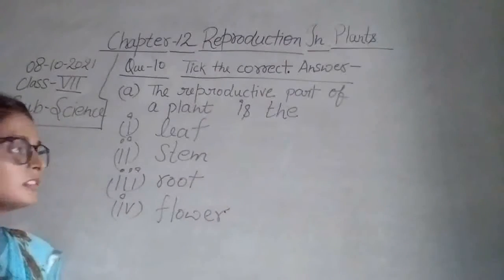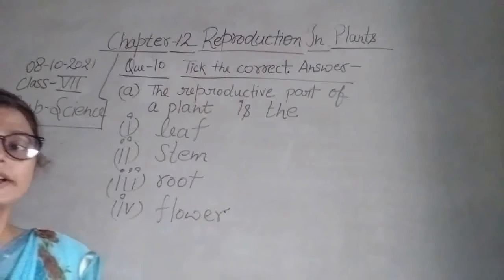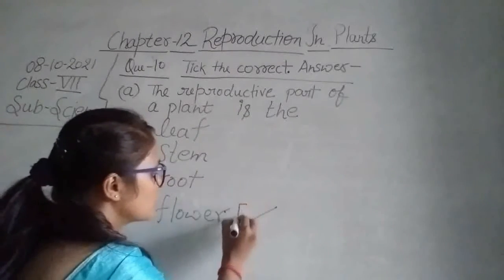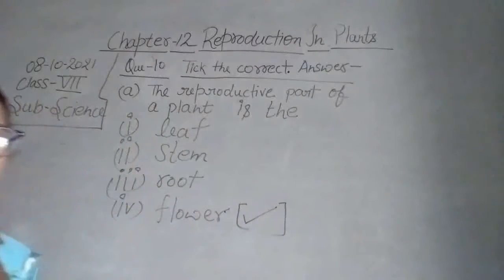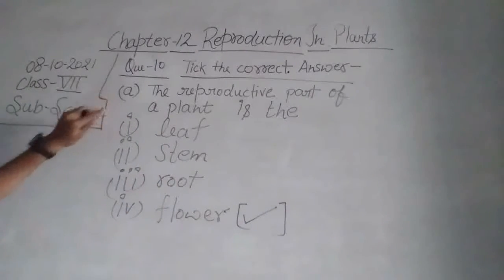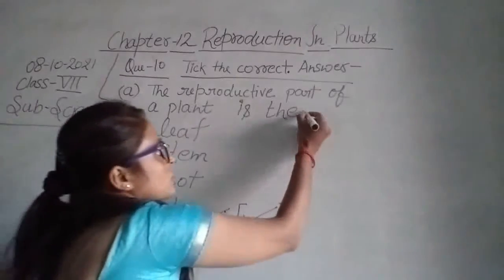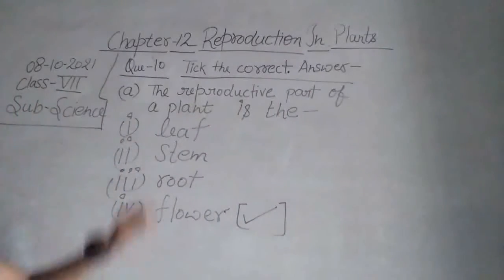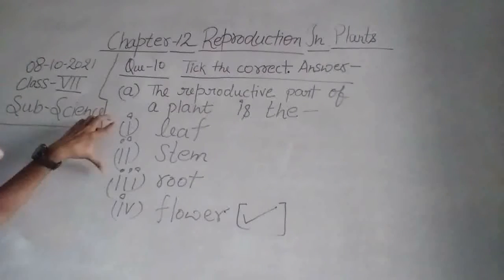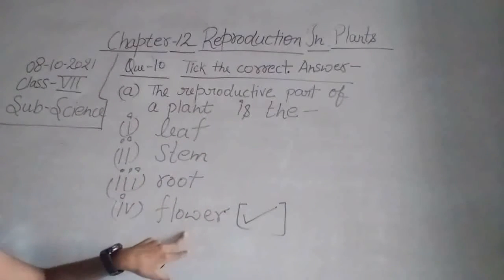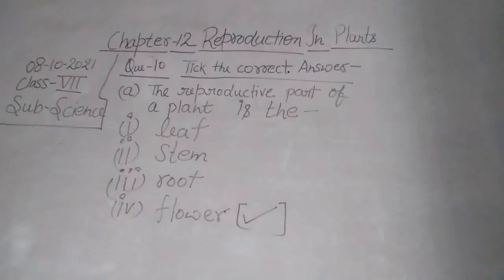And the right answer to this question is flower. The question is, reproductive parts of a plant कौन से होते हैं? Leaf, stem, root, flower, and the right answer is flower.